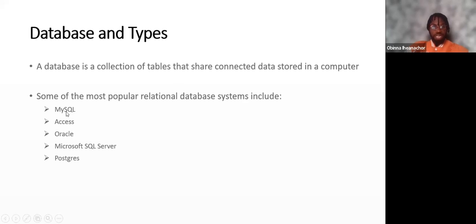But once you learn and master one, it's easier to just search on Google and look at the difference in syntax for doing a particular task. But then they are all similar, right? Once you master one, it's easy to replicate a function or a task in another database. So these are all examples of relational database systems. And for this section, right, we'll be working with Microsoft SQL Server.